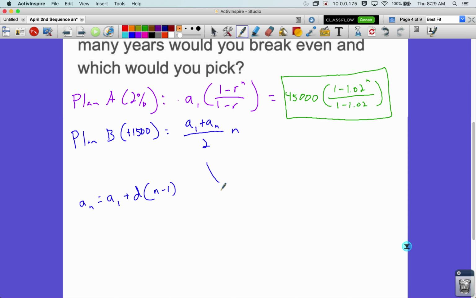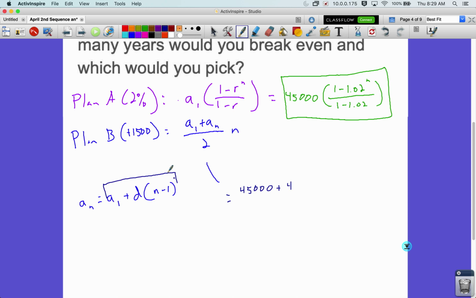All right, so we'll plug in this for a sub n, and we'll plug in the values from the problem for everything else. Okay, this here equals 45,000 plus 45,000. I'm plugging in right here now.